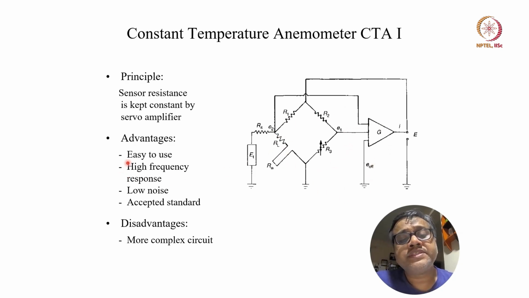The advantages are that it is very easy to use, has high frequency response and low noise, and is an accepted standard, but it has somewhat complex circuitry, which means the electronics is a little bit complex. Essentially, it is a balance of the Wheatstone bridge that enables you to measure fluid velocity with a constant current or constant temperature anemometer.